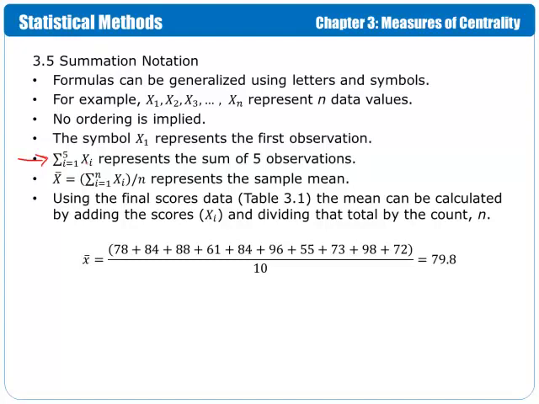And so x sub i just means we have observations that are going to be indexed by the letter i. i equals 1 would mean x1 or the first observation. i equals 2 would mean x2 or the second observation, and so forth up through 5. And so what we're doing here with this summation sign then is we're summing or adding all of the observations 1 through 5. The reason we use this symbolism is so that we can write formulas that can be used for any set of data.